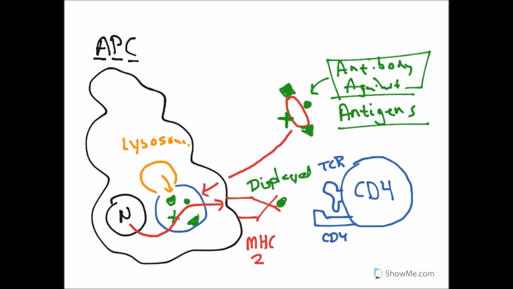Now, what is going to happen here is when it goes to the T cell, this T cell is going to get activated to become an activated T cell, and it's going to basically become a T helper cell. So it becomes a T helper cell because we've given it the antigen, right?